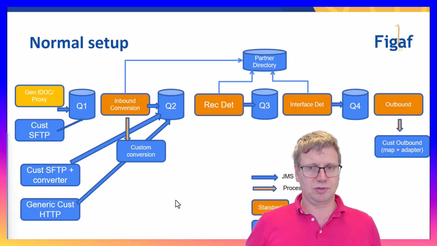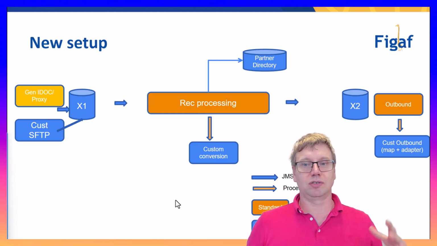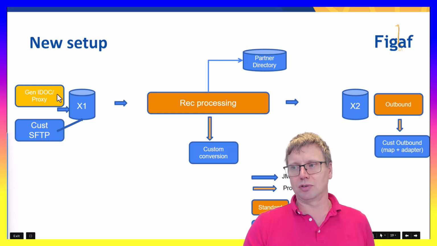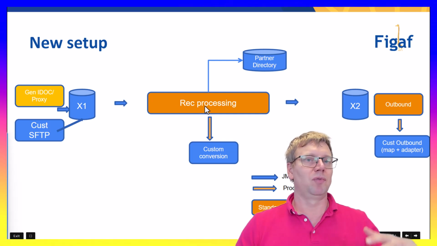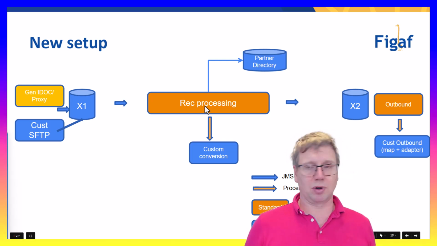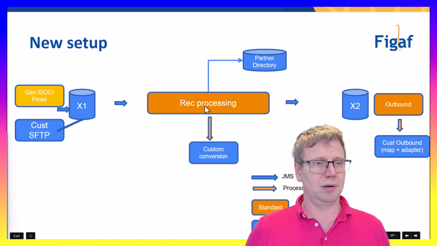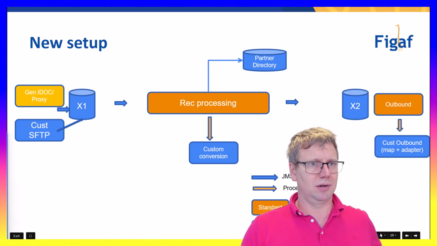So this was the old approach. Now they have changed it to just have 2 queues, simplifying the operations, and you just put a message in a queue. It has all of the receiver determination, processing, all the logic built in just one go, and then you can handle it there.